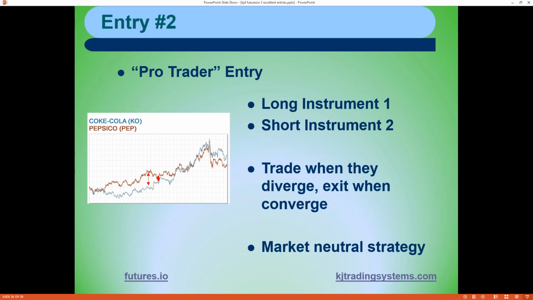If Coke is overpriced or Pepsi's overpriced relative to the other one, you would think eventually it would come back. So when there is this divergence between the two, you hope for it to come back, and that's how you trade. You trade long one, short the other.